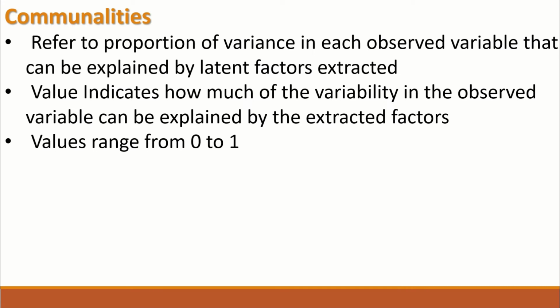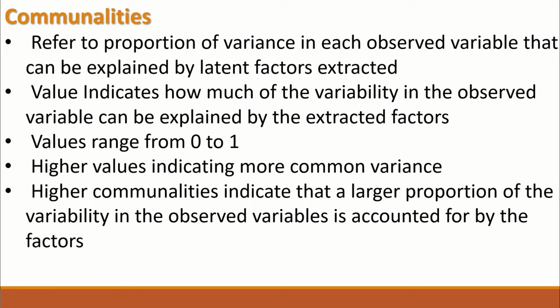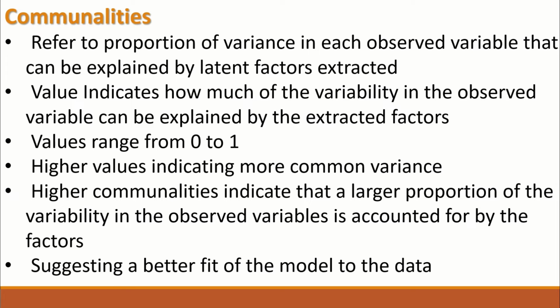The values for communalities range from 0 to 1. Higher values indicate more common variance. Higher communalities indicate that a larger proportion of the variability in the observed variable is accounted for by the factors, and this suggests better fitting of the model to the data.